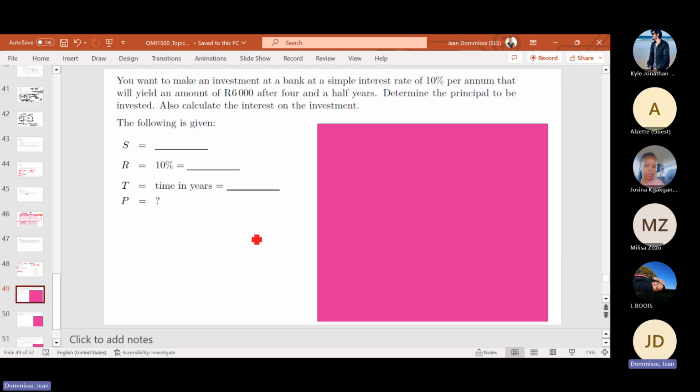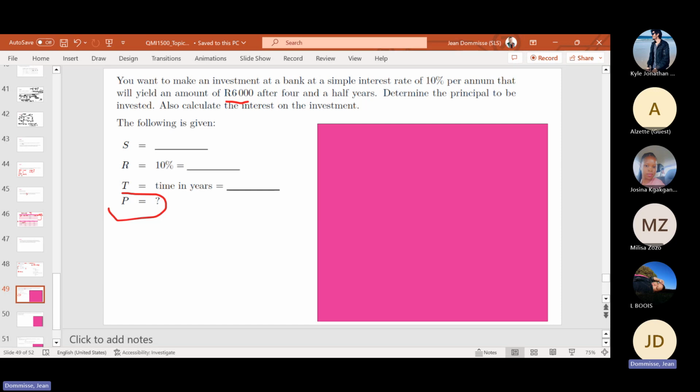You want to make an investment at a bank, again at a simple interest rate of 10% per annum, that will yield an amount of 6,000 after 4.5 years. Determine the principal to be invested. Also calculate the interest. But first, what we want is that principal that we want to invest.